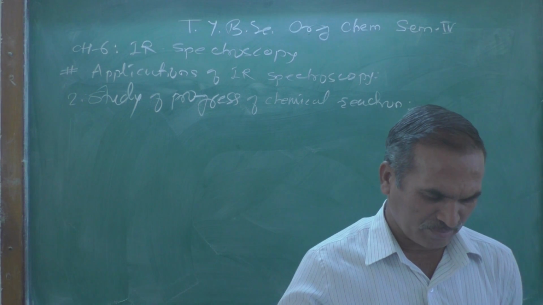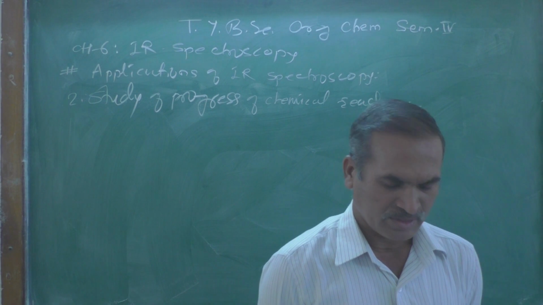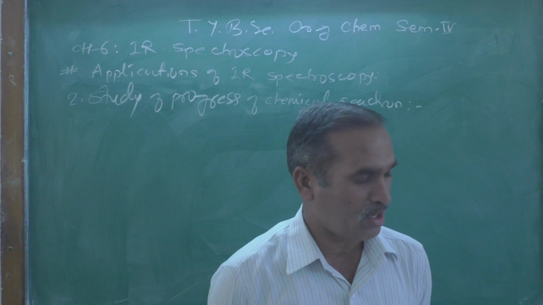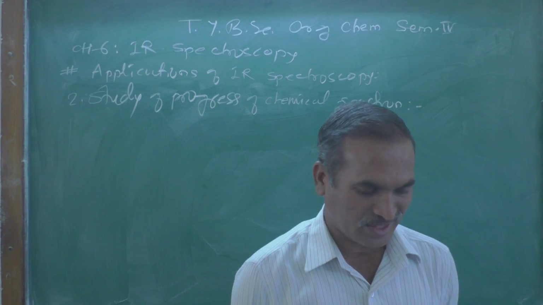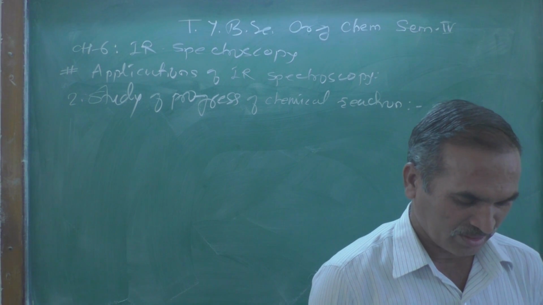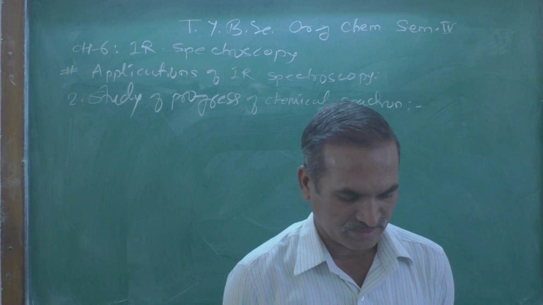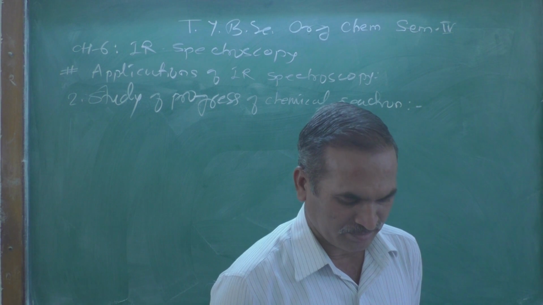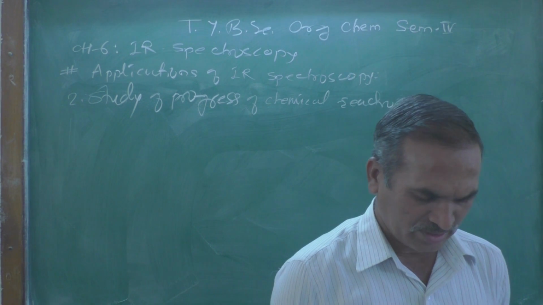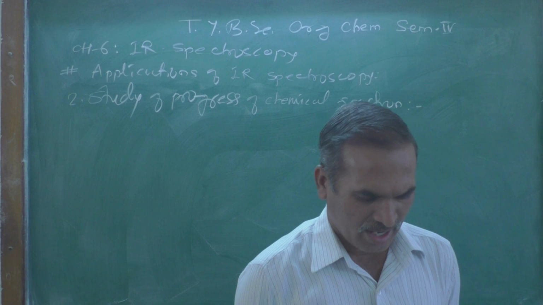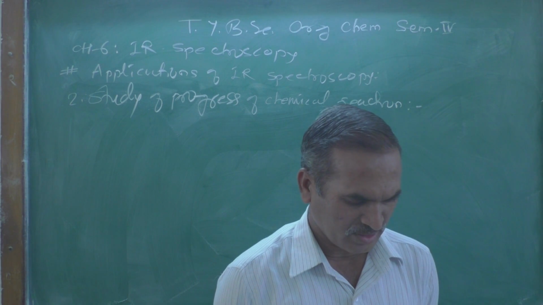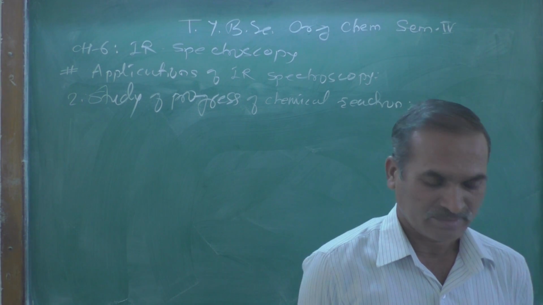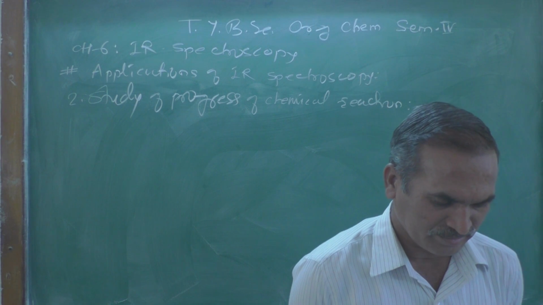A sample of the reaction mixture is withdrawn. I already explained this point, but let us see what is given over here. A sample of the reaction mixture is withdrawn and IR spectrum is recorded. Understood this one?